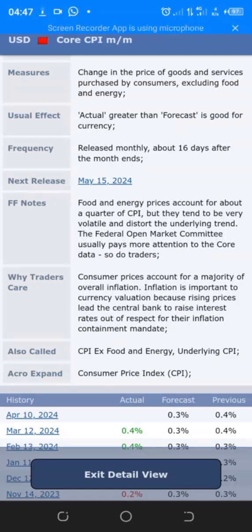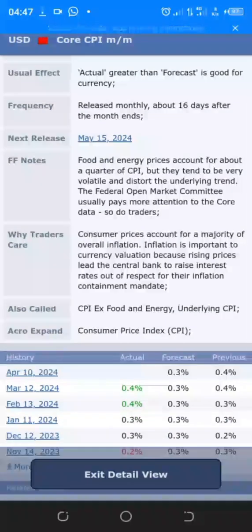So that's why I use it for trading. It affects the stock market, affects crypto also. Inflation is important to currency valuation because rising prices lead the central bank to raise interest rates out of respect for their inflation containment mandate.